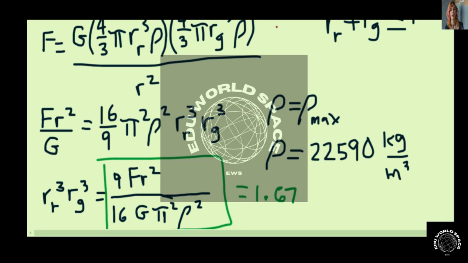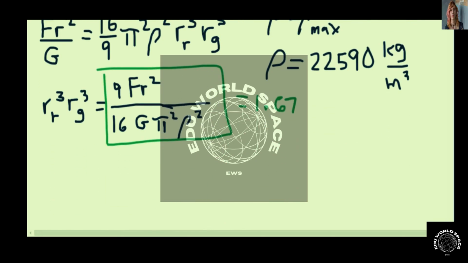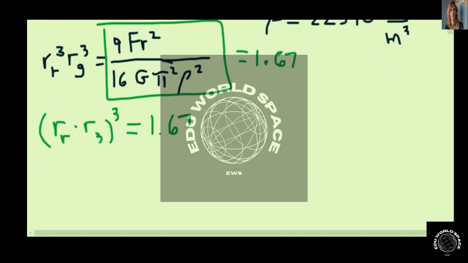Just making sure I don't have a mistake there. Okay, I guess this does make sense because the 22,590 squared kind of cancels out the magnitude of G at the negative 11th power. And so 1.67. All right, so if I take the radius of the red one times the radius of the green one cubed, it equals 1.67. I guess I could take the cube root of both sides.